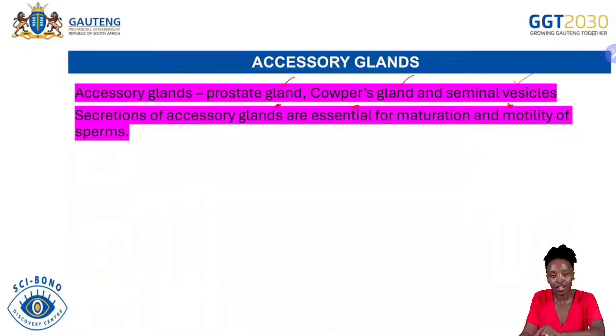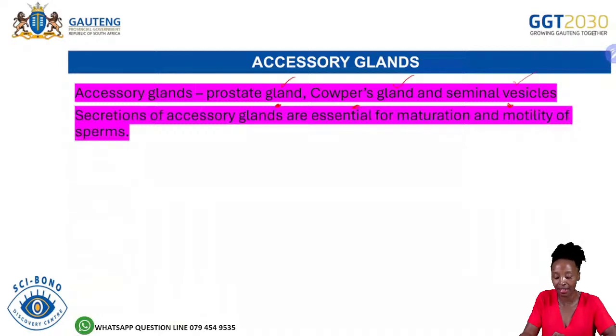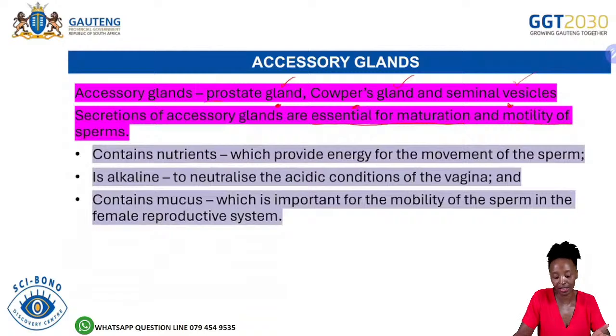So the secretions of these three glands are very important. Why are they important? They are essential for the maturation and the motility of sperms. Remember, for the sperms to be fully matured, and their ability to move depends on the secretions of the accessory glands.